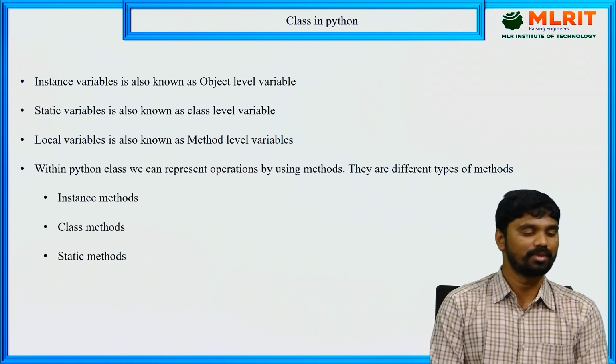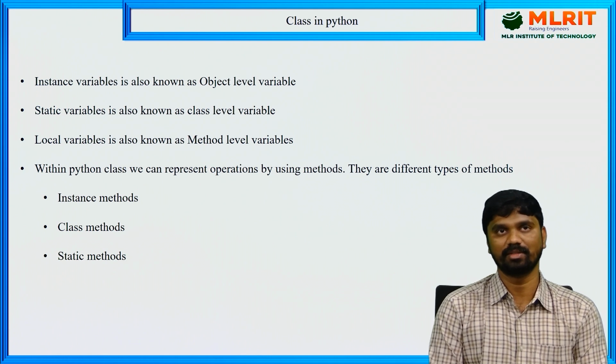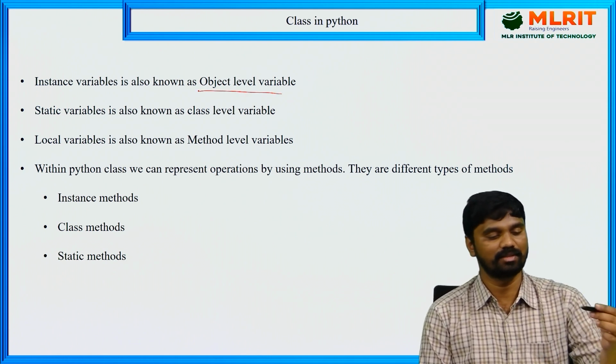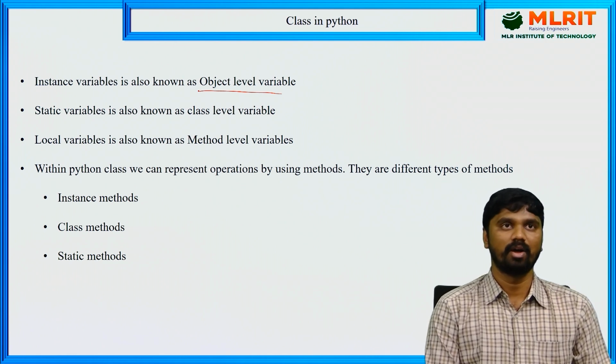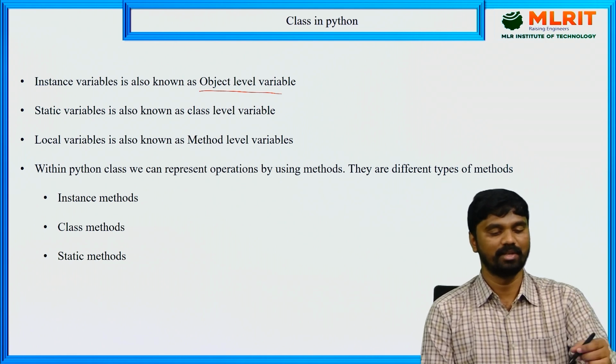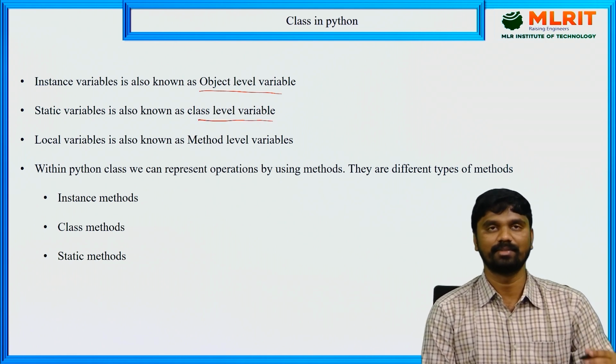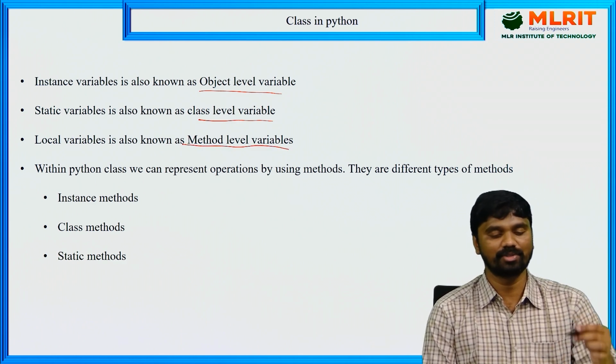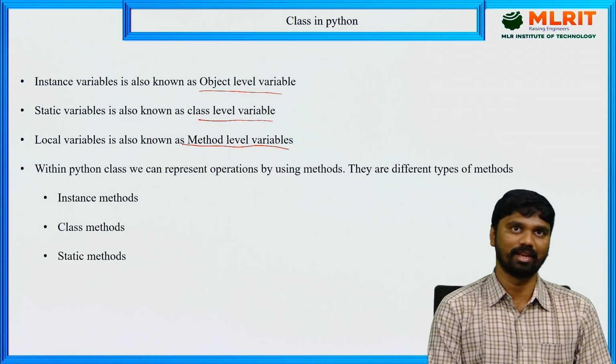An instance variable is also known as an object level variable. A static variable is also known as a class level variable. A local variable is also known as a method level variable.